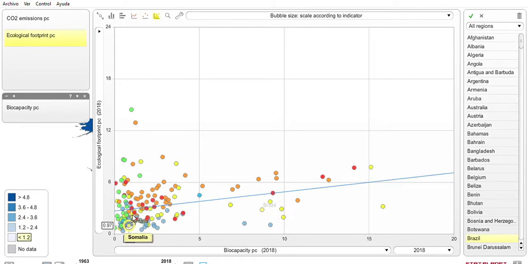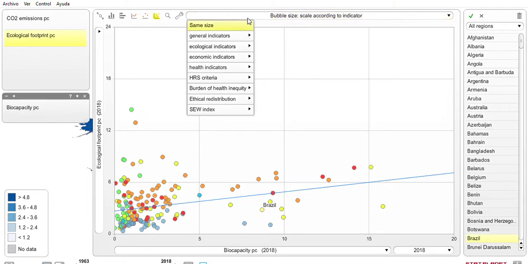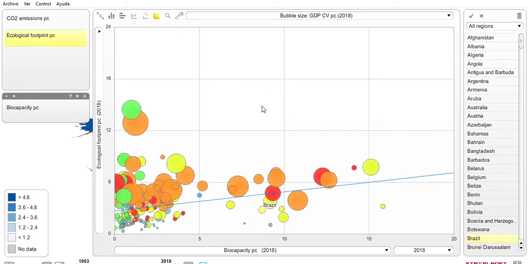While countries in blue, basically African countries, with the same level of biocapacity, have lower ecological footprint than some other countries here in America, although more evenly distributed. And what really influences this correlation, as you will see, is the GDP per capita.